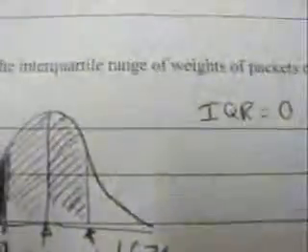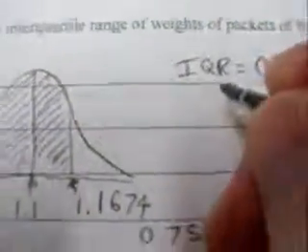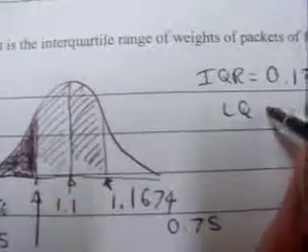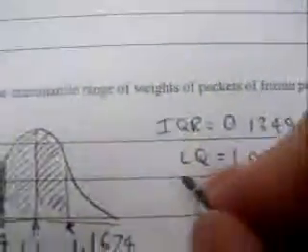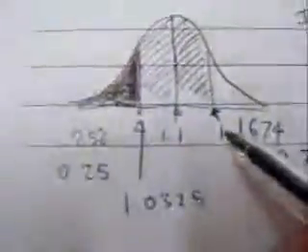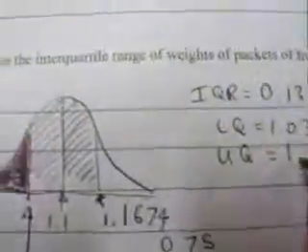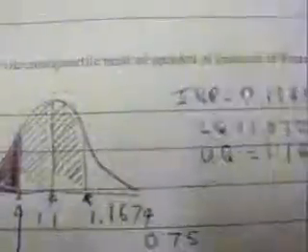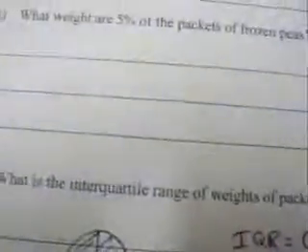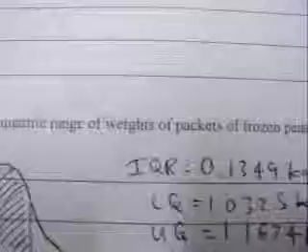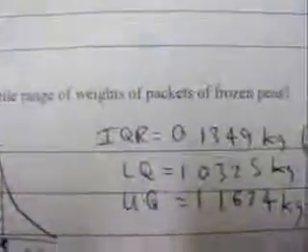and you might want to just enter in some of those other things we've got as well. We've got the lower quartile, which we've worked out to be 1.0325, and we've got the upper quartile, which we worked out over here as well, is 1.1674, and I think we should write in some units here as well, kg, kg, kg, and how many decimal places? 4 decimal places, just to be safe.